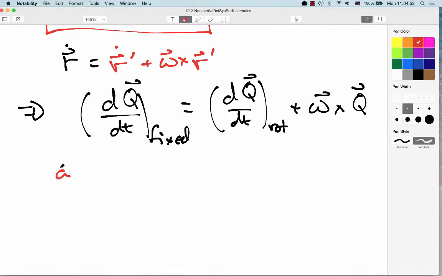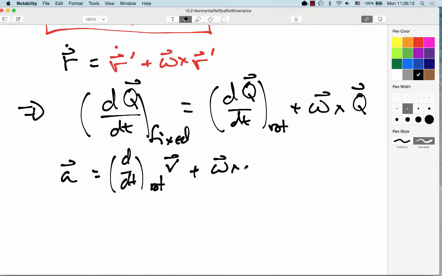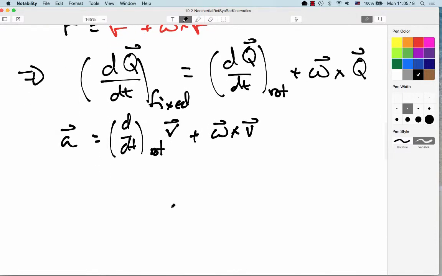So our acceleration A will equal the time derivative in the rotating frame of v plus omega crossed with v. But we need to express those v's themselves in the primed frame.